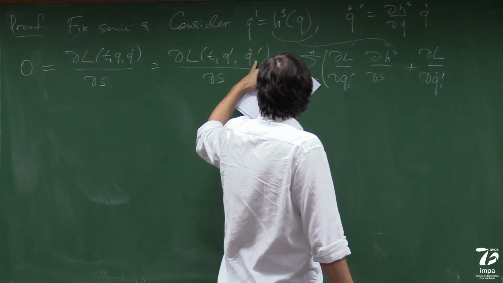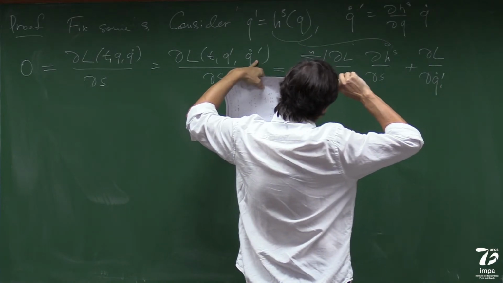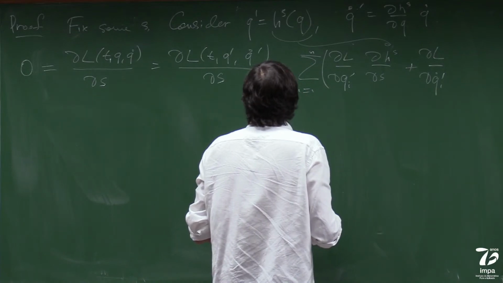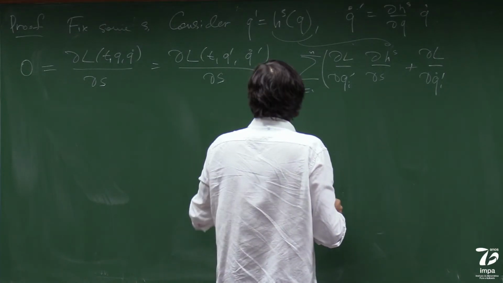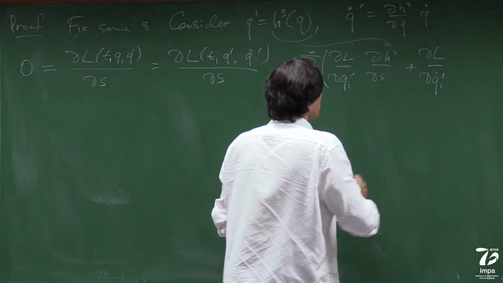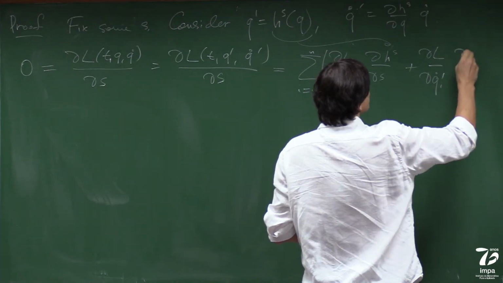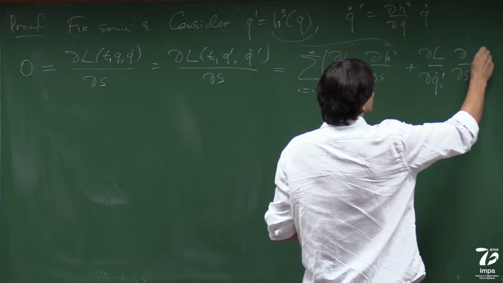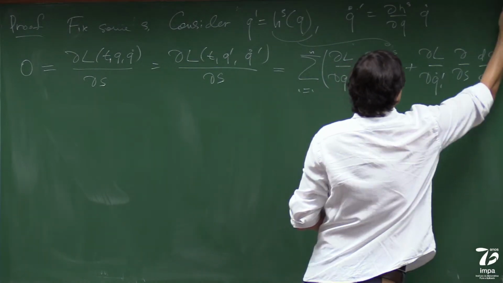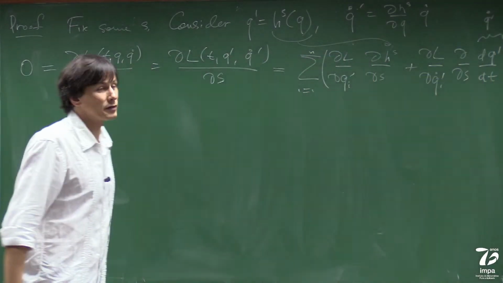So it will be the second derivative, which is this with respect to S. So it will be ds dq prime dt. So I just wrote q prime dot as a straight derivative.